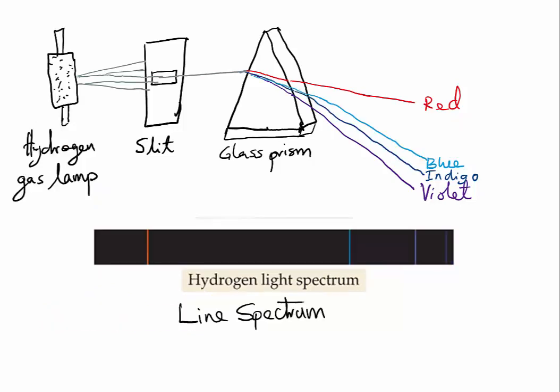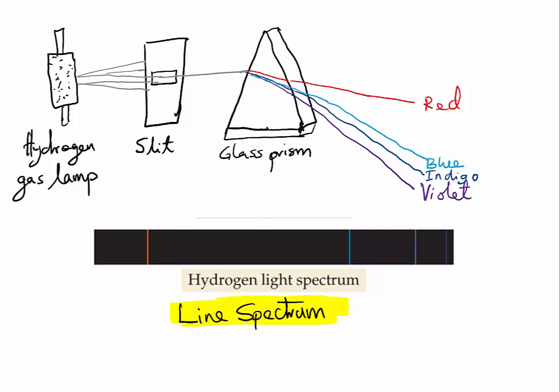However, if you pass the light that emanates from hydrogen gas lamp through the same slit and glass prism, instead of getting a continuous spectrum of colors, you will get what is known as a line spectrum.